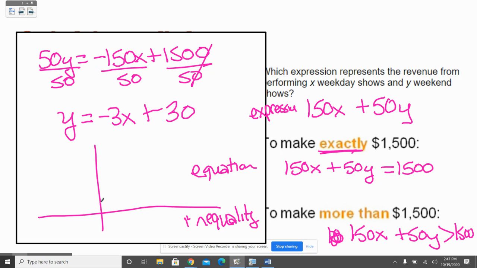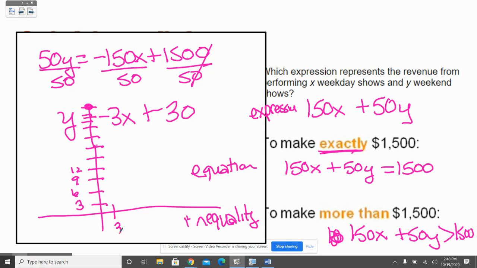And if you go up 30, I'm going to count by threes actually, just to make my life easier. 3, 6, 9, 12, 15, 18, 21, 24, 27, and 30. And the slope is negative 3. I'm going to go down 3 over 1.